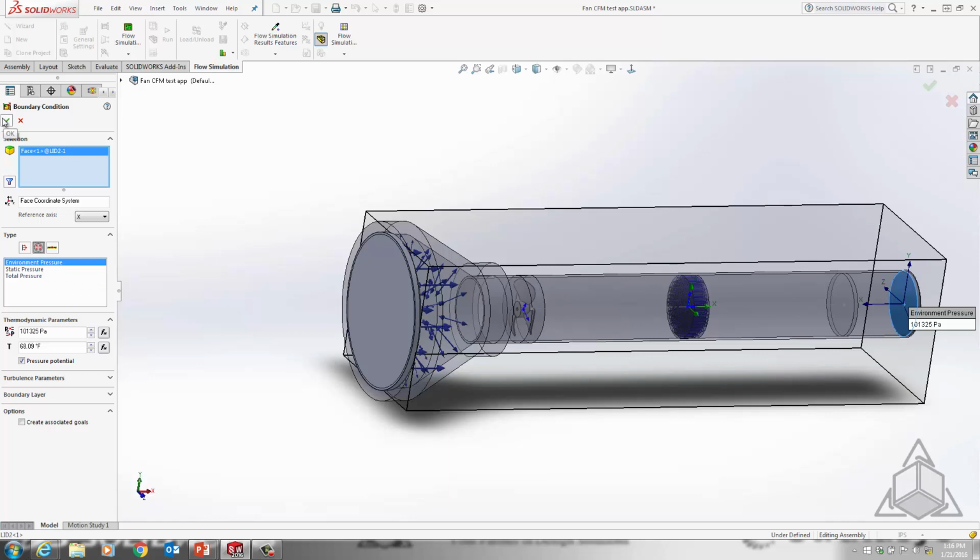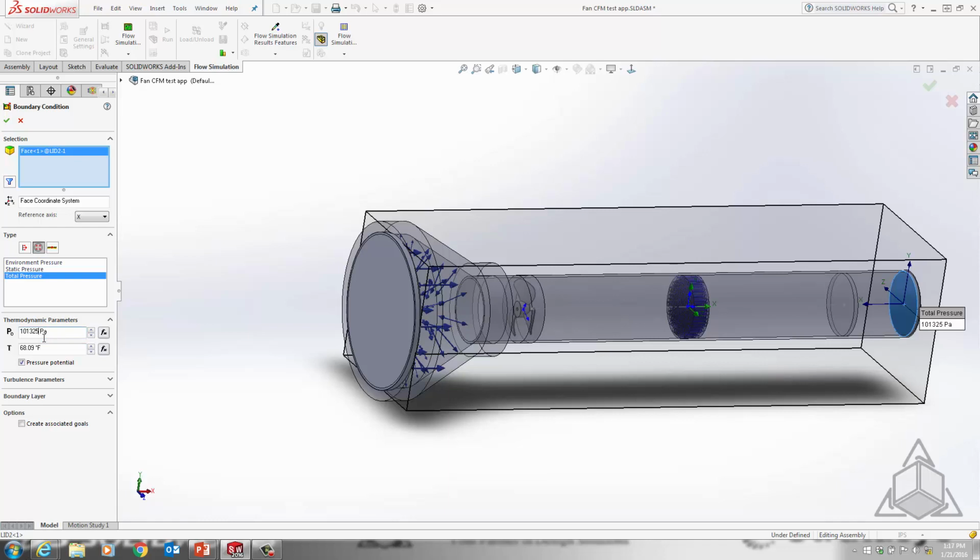However, let's say you're putting a throttling device in the back end, and now it's at a higher pressure, you can actually change this. As opposed to leaving it at environment pressure, you can change the pressure as well. Just add 1,000 here, but for good practice, we are always going to change that to total pressure. So it is going to be represented as total pressure.